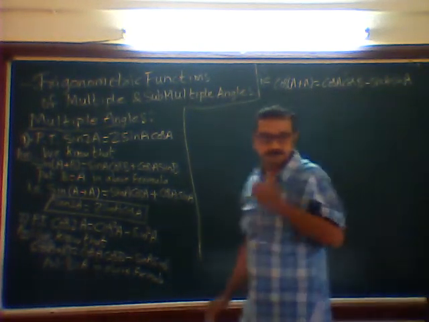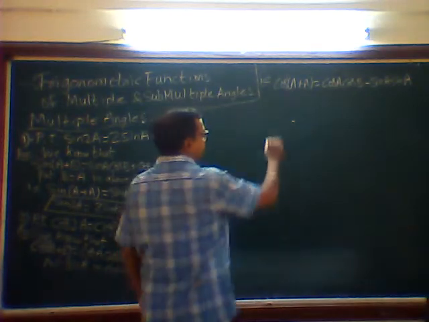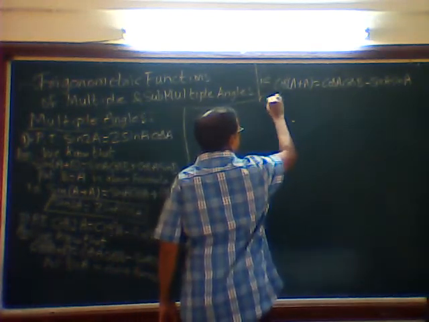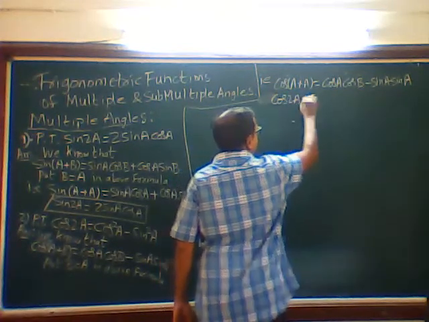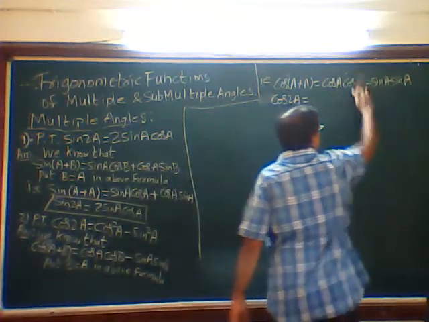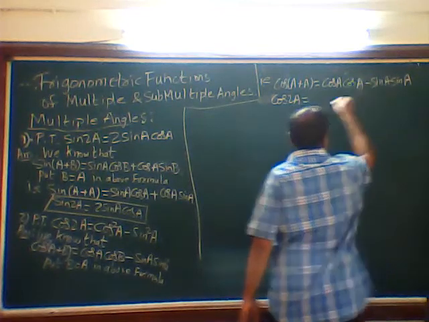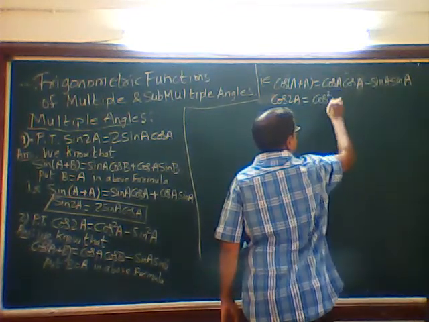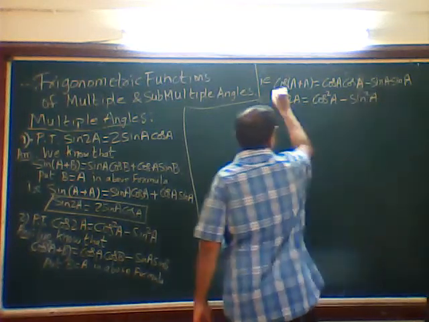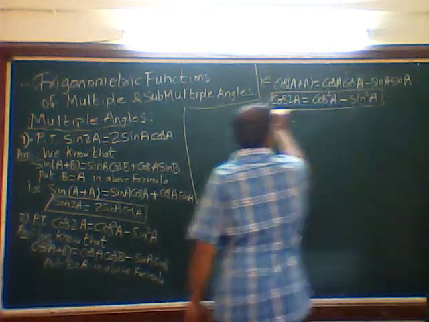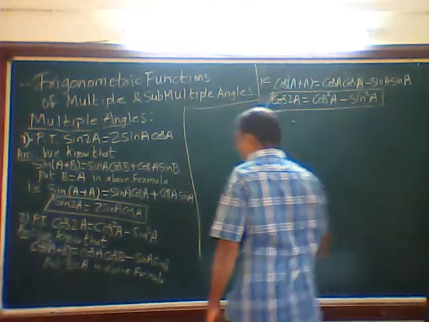Now what happens here? Cos of a plus a is cos 2a, which is equal to cos a into cos a is cos square a minus sin a into sin a is sin square a. That is the formula we have here.